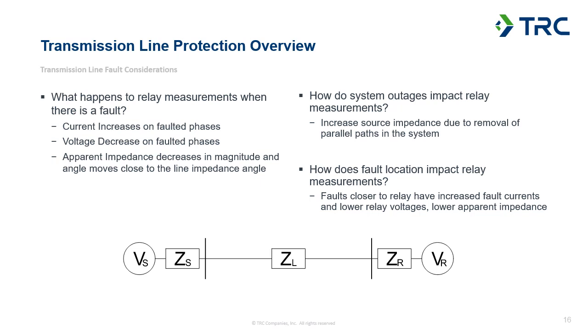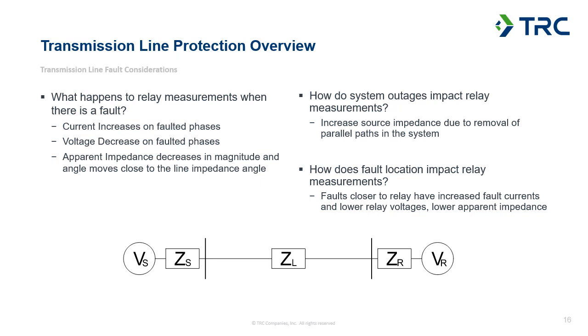There are a lot of reasons you could have that outage, but basically by removing that parallel path, the overall ZS magnitude of that source impedance increases, and because of that increased impedance, the impact of the current increase and voltage decrease on the faulted phases is going to change.